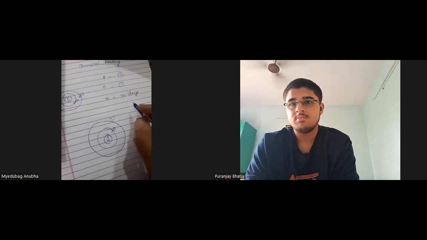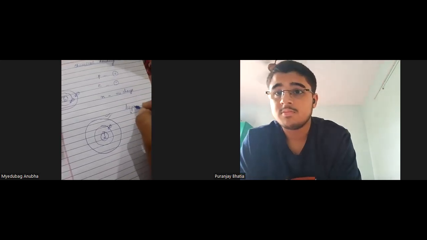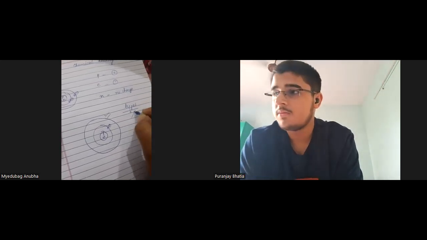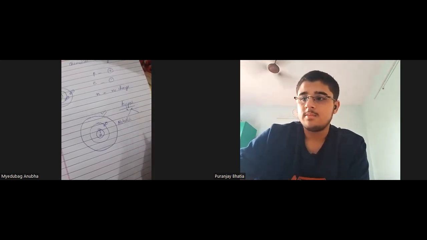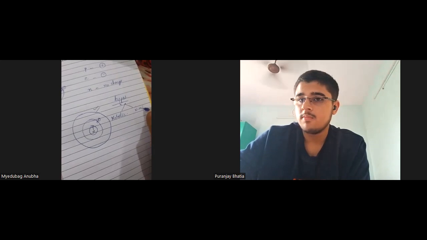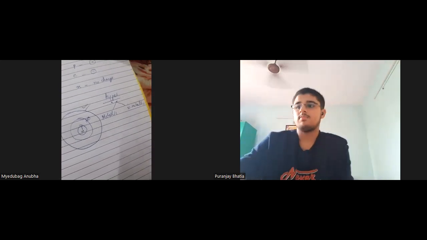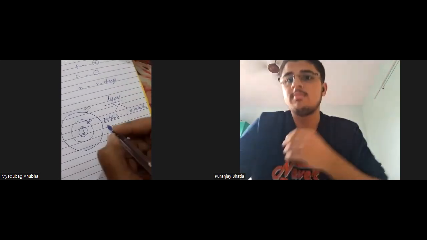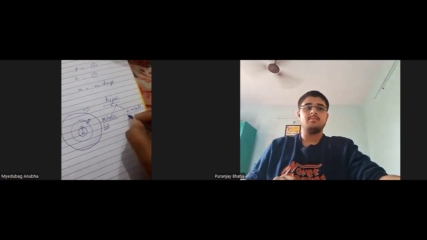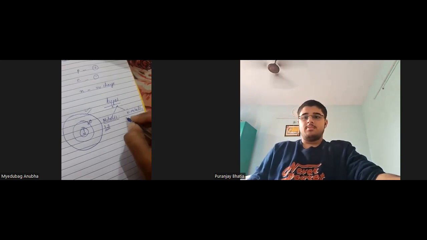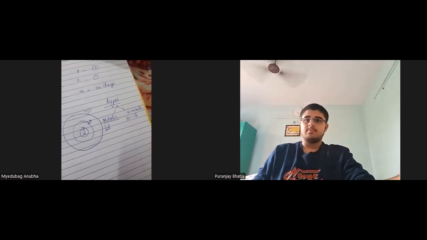Then when we are talking about the types of elements, in the periodic table we have learned that there are two types of elements. The first category includes the metallic elements, and the second includes the non-metallic elements. And now you also know the position. The metallic elements are arranged in group 1 and 2 most probably, and the non-metallic are arranged from group 13 to 18 or 17 you can say.